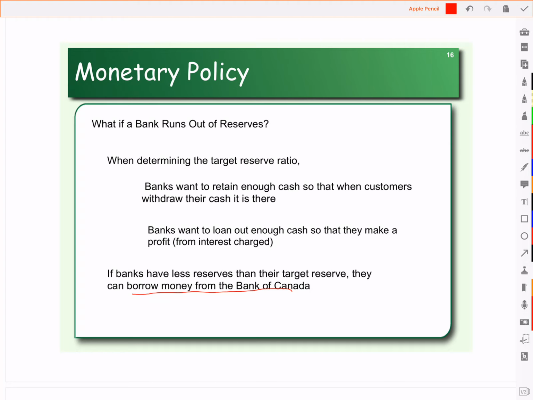If they are a provincially chartered bank, then they would need to borrow from the province. If they are a near bank, then they are privately insured, and it would be that insurance where they would get the funds. Banks can also borrow from each other, and we're going to look at that in a moment.